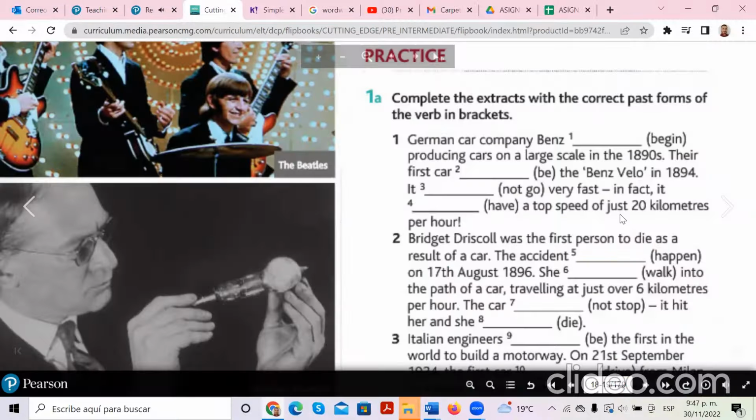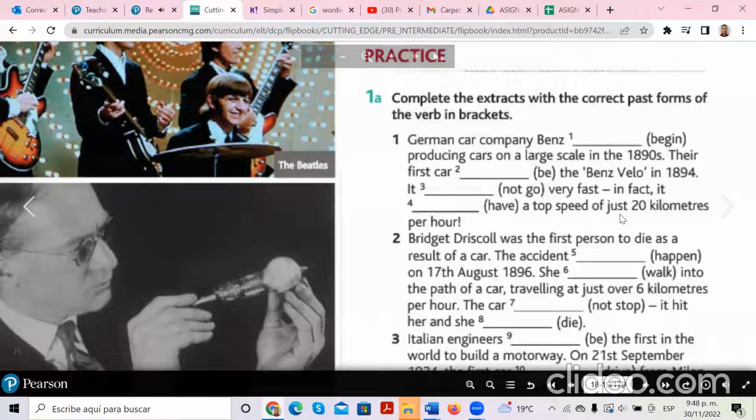Unit 2, Recording 1. 1. German car company Benz began producing cars on a large scale in the 1890s. Their first car was the Benz Velo in 1894. It didn't go very fast. In fact, it had a top speed of just 20 kilometers per hour. 2. Bridget Driscoll was the first person to die as a result of a car.